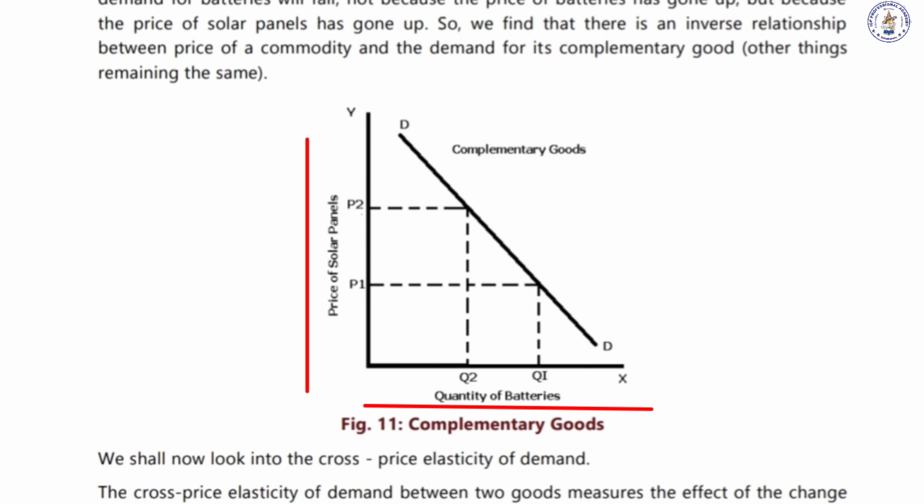So there are two points, where OP2 meets OQ2 at a different point, whereas OP1 meets OQ1 at another point on the curve DD. You can see that the curve is sloping downwards, showing a negative slope, because whenever people see an increase in the price of the complementary product, the main product purchase will also come down. This is the effect of complementary products.